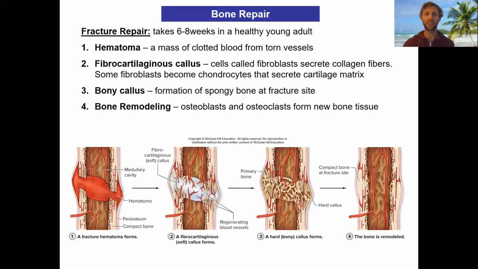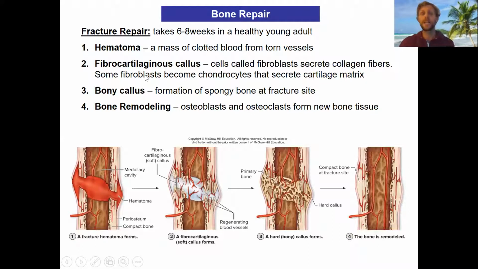So the idea basically is rather than build new bone tissue immediately to repair the fracture, it's like we first build a placeholder of cartilage as an intermediary step. And so that's our second step of the fracture repair, the production of the elements of some cartilage matrix, forming this temporary precursor, the fibrocartilaginous callus.